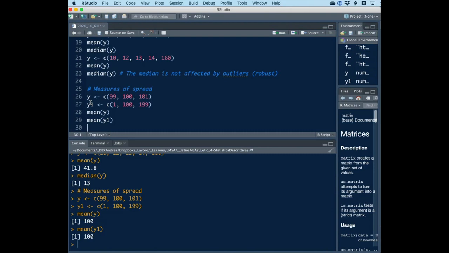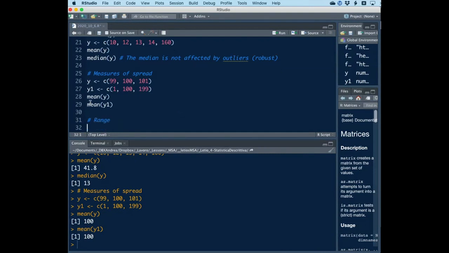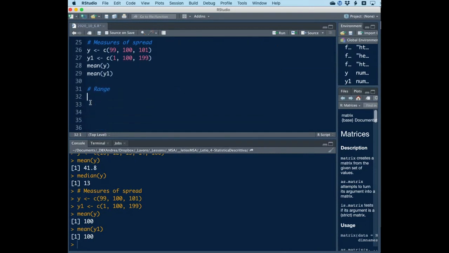Okay? And how do we describe the spread? We have several possibilities. The first one, use the range. Using the range means taking the higher and the lower value. So I can get these values like this. Min stands for minimum.